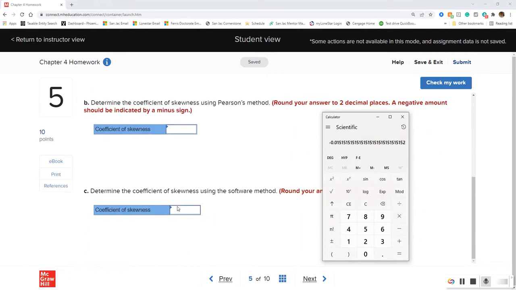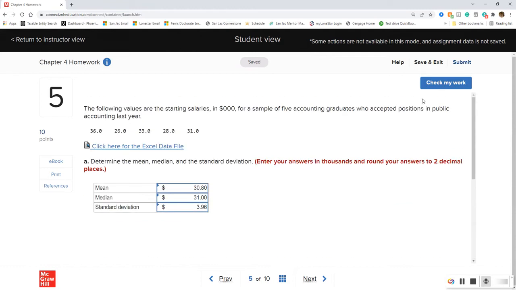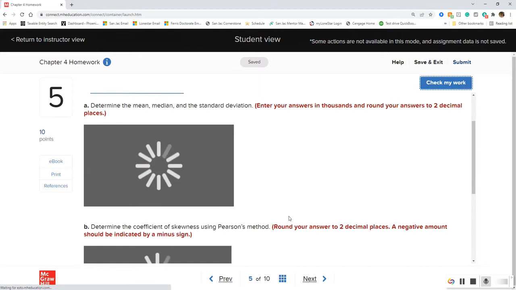This looks like negative 0.02. But it seems like there is a mistake. Yeah.